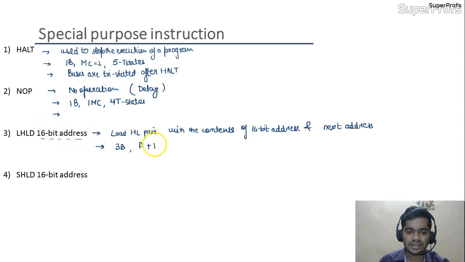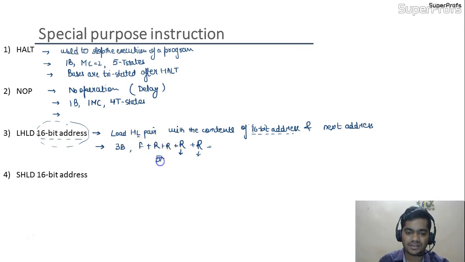Then it would take 2 read cycles to read this 16-bit address, and then again 1 read cycle to get the content from the memory location pointed to by the 16-bit address, and the next to transfer the contents of the next address to the HL pair, that is the lower address data would be transferred to the L register by this memory read operation, and the data present in the next address would be transferred to the H register by the help of this memory read operation.